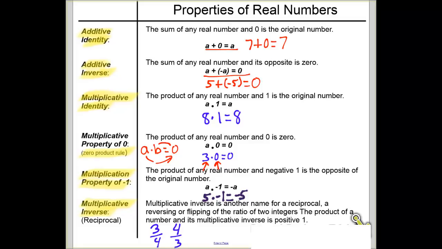One of the nice things about this rule is you'll know you have multiplicative inverses or reciprocals because their product will always give you +1. If I multiply these two together and go straight across, 3 times 4 is going to give me 12. 4 times 3 is going to give me 12, and 12 over 12 is equal to +1. And that's what reciprocals are, using the multiplicative inverse.